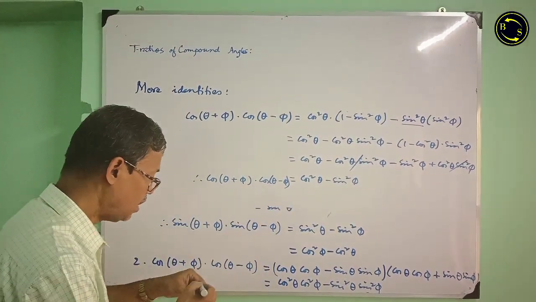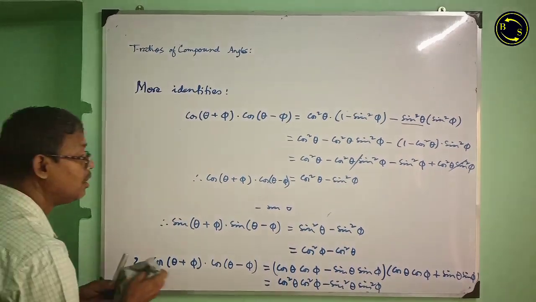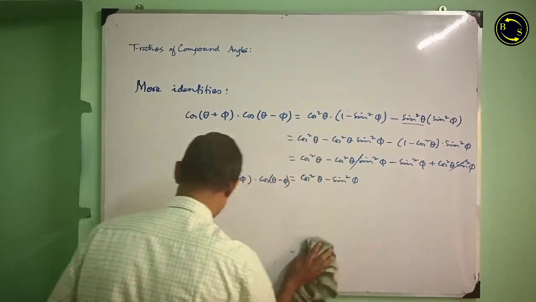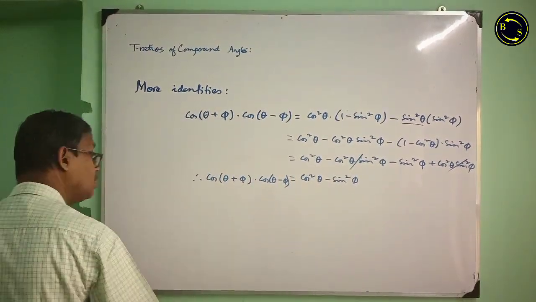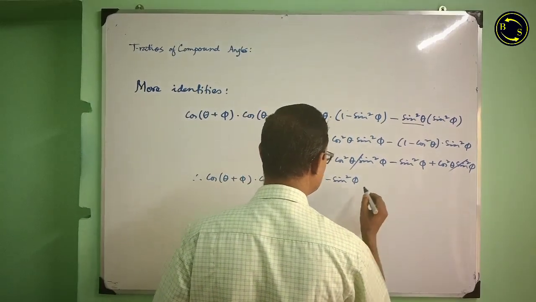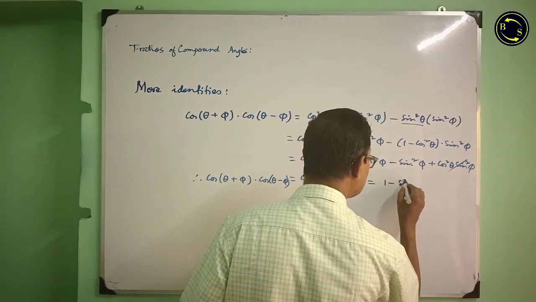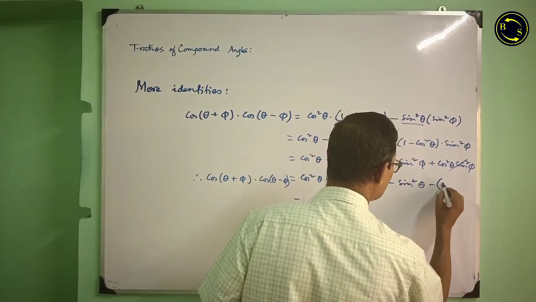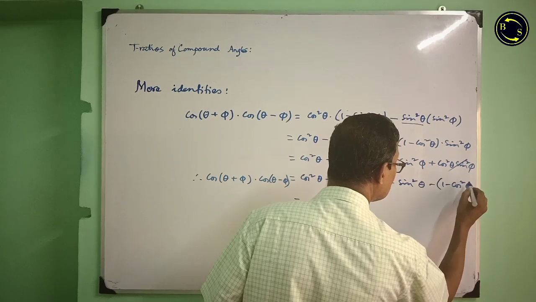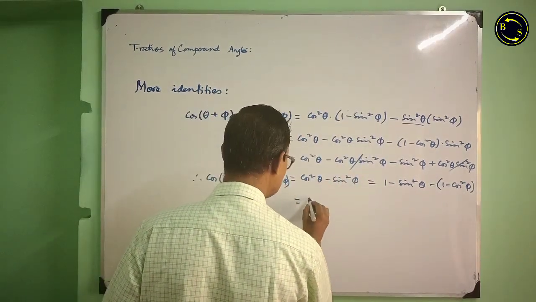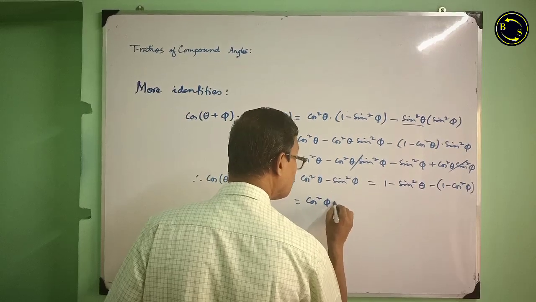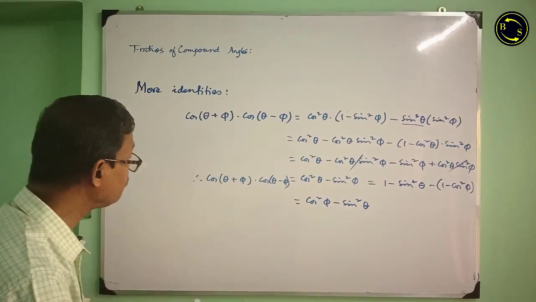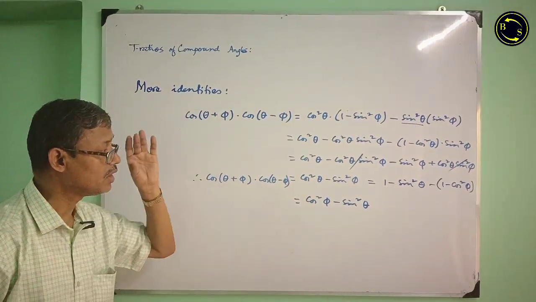Now replacing cos square theta by 1 minus sin square theta, 1 minus sin square theta minus 1 minus cos square phi. On simplification we shall get cos square phi minus sin square theta. These are the two forms of cos of theta plus phi into cos of theta minus phi.